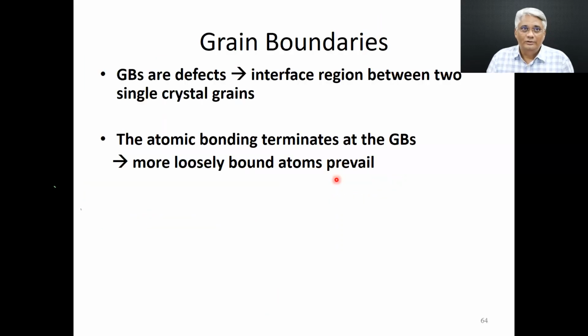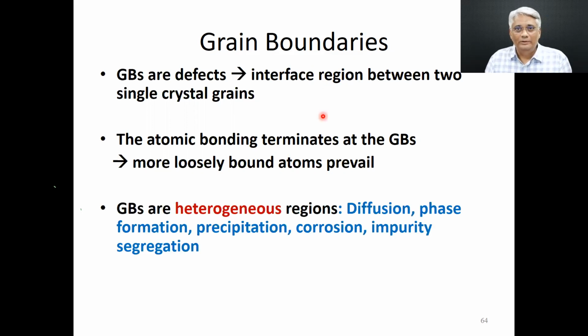Okay, so grain boundaries are defects. It's the interface region between two single crystalline grains, and the atomic bonding terminates at the grain boundaries. So at the grain boundaries, you have more loosely bound atoms compared to grains.